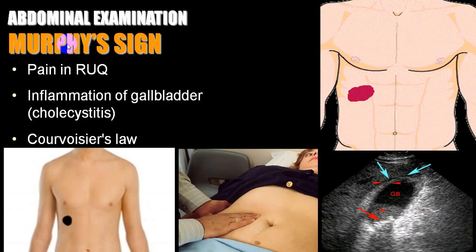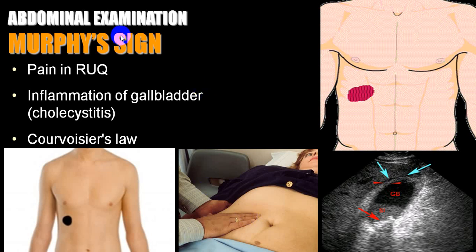Now regarding Murphy's sign, I mentioned the mid-clavicular line and right costal margin junction. At that area, if you get tenderness plus the person holds their breath when you ask them to take a deep breath, you are doing a deep palpation, and as soon as the gallbladder touches your finger, the person will hold the breath and complain of pain.